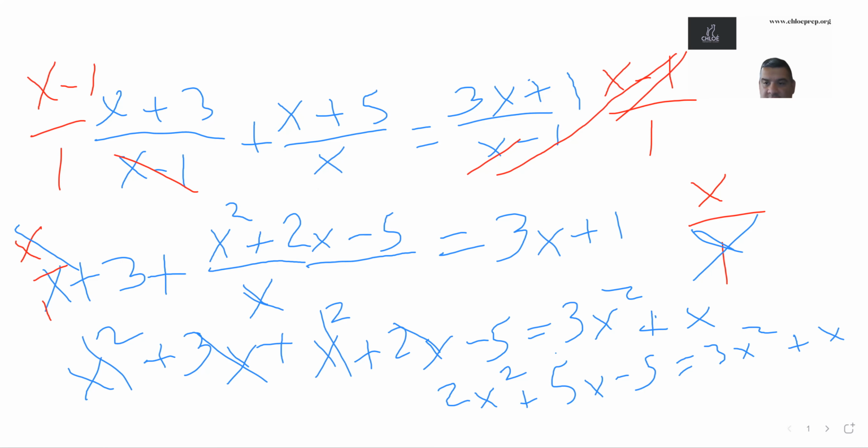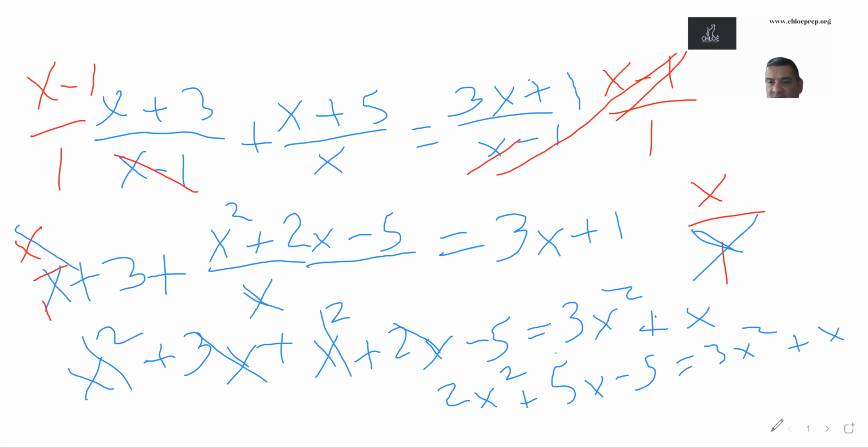We have 2x squared plus 5x minus 5, and this will give you time to catch up on some writing on your own. 2x squared plus 5x minus 5. And you're going, oh my goodness, this is so much work. I sometimes have 5 pages of things, if I'm lucky. So I will trade you any day. Equals 3x squared plus x.